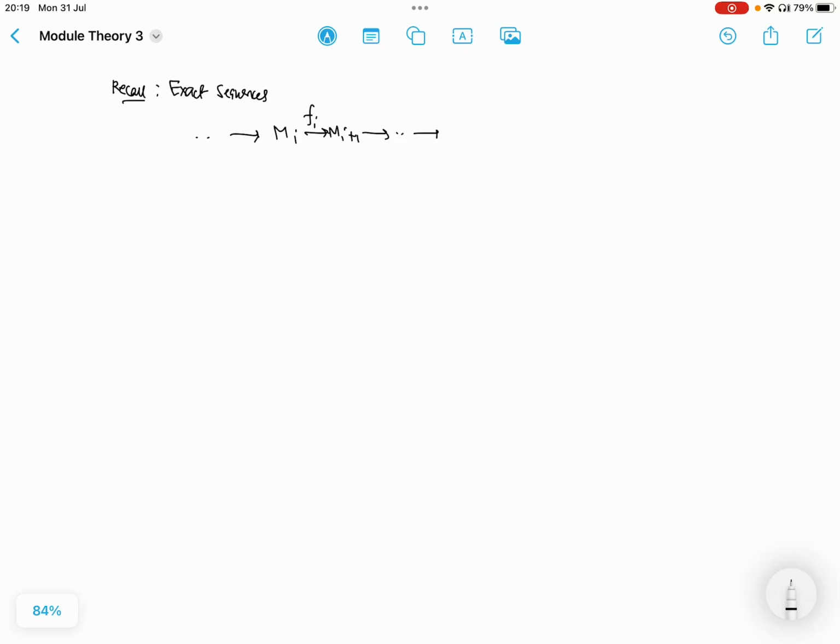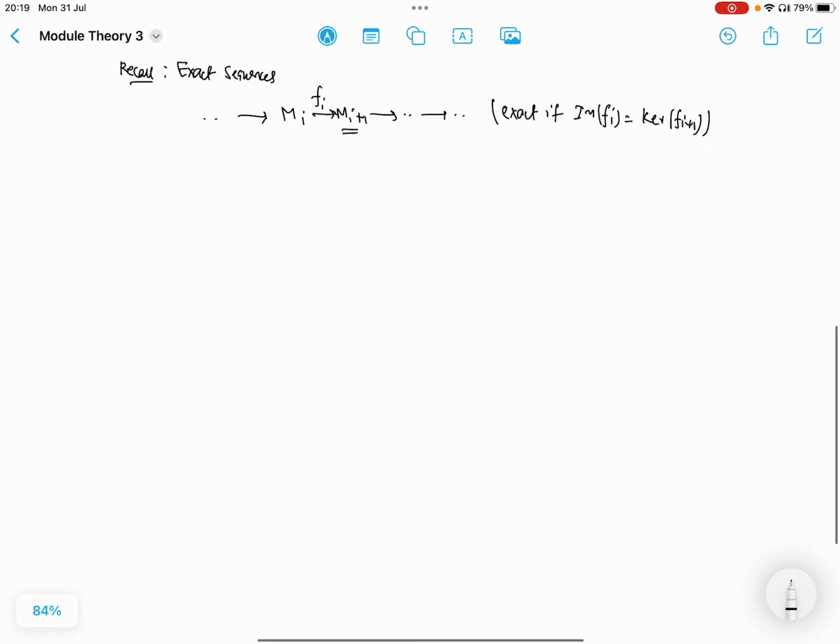This sequence is said to be exact if the image of fi coincides with the kernel of fi plus 1. So if this happens, then we say this is exact at Mi plus 1, and if this happens at every Mi, then we call this sequence exact. Okay. So today I'm going to be talking about what is called the five lemma.